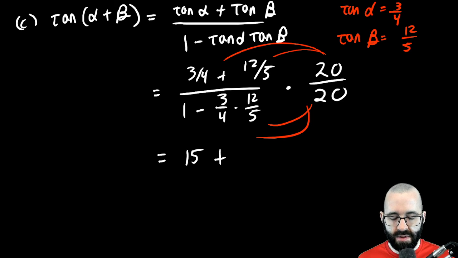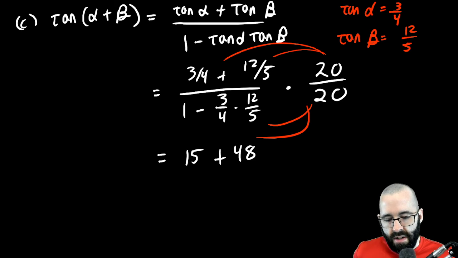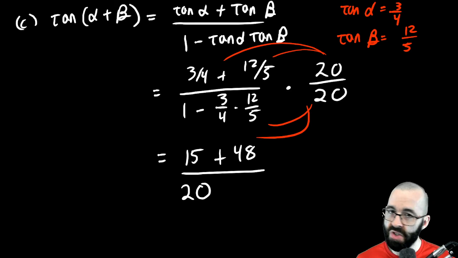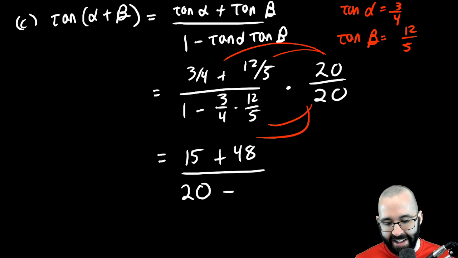This becomes 48 on the second one, I believe, because 20 divided by 5 is 4. 4 times 12 is 48. You can use a calculator for these. 1 times 20 is 20. Shouldn't need a calculator for that one. And the last one is 20 divided by 20. That cancels out. We just have a 36 here. So we add this all together. It's a 63 on the top and a negative 16 on the bottom.